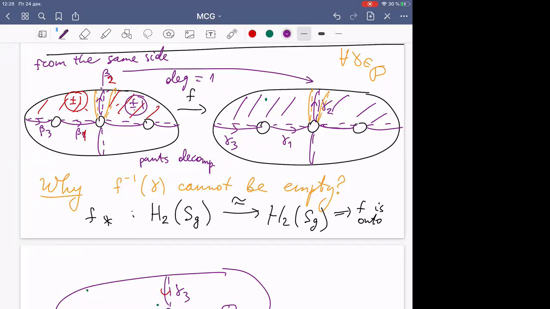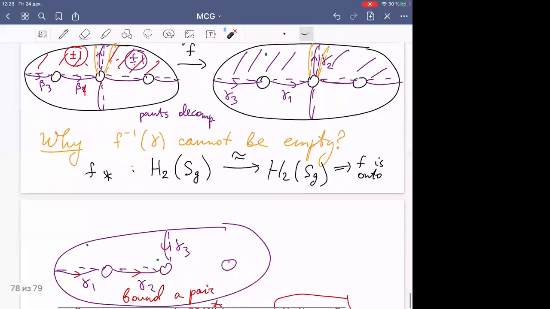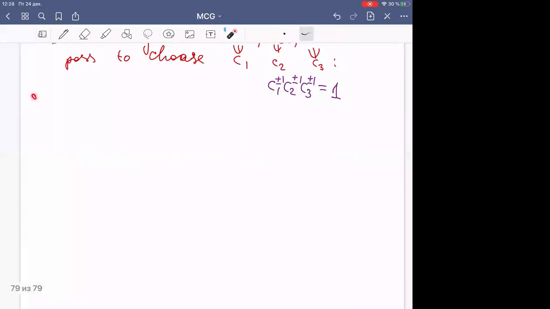And it takes connected components of the complement to connected components of the complement here. But we still do not know that it is a diffeomorphism on these connected components. But now the problem reduces from an arbitrary surface just to a pair of pants. So the problem reduces to the following.